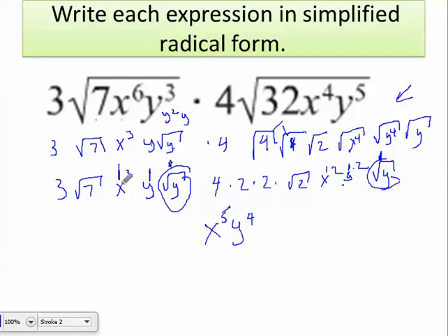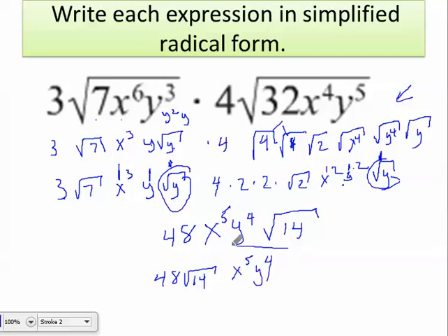I've got 3 times 4, that's 12, times 2 is 24, times 2 is 48. The square root of 14. That's 7 times 2. So it'd be 48 square root of 14, x to the 5th, y to the 4th. That would be my final answer.